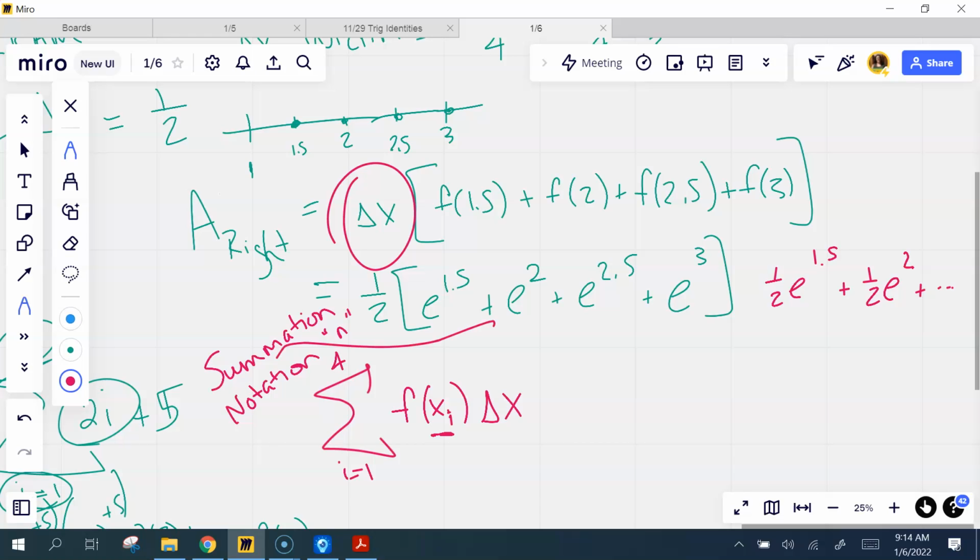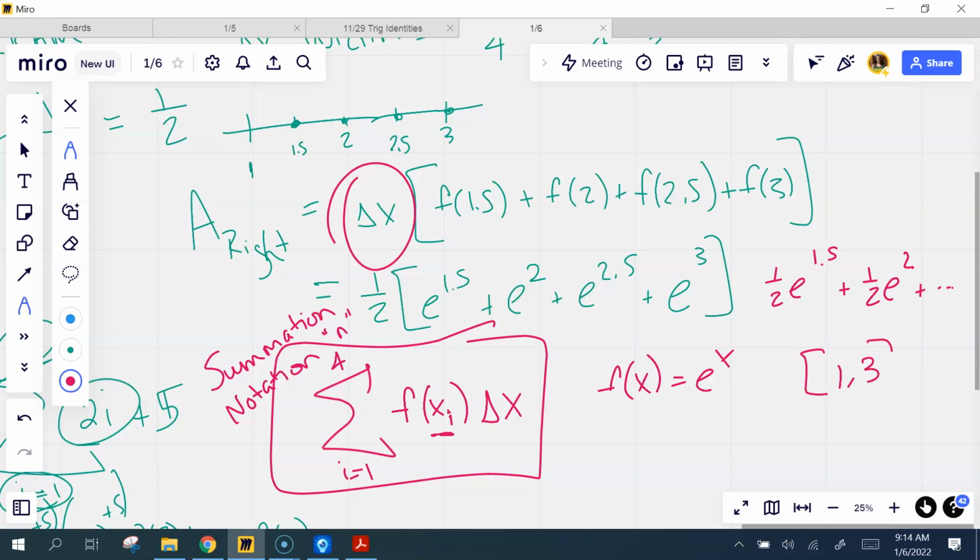If I just gave you this, and then I said, let f of x be e to the x, here's what you would need to understand from that problem. I need to find the area under the curve with 4 subintervals, but I would still need to tell you that I need it to be from 1 to 3.